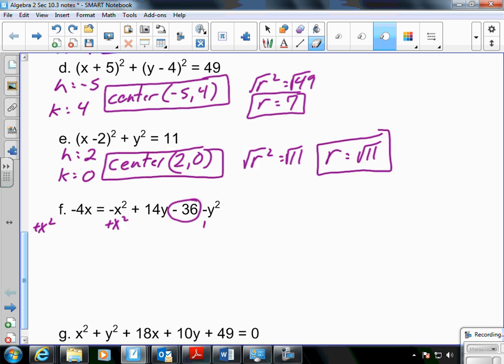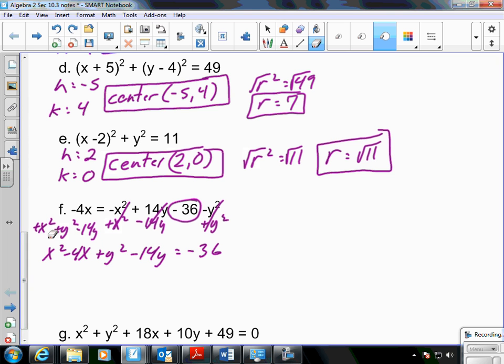I'm going to add the y squared. And I'm going to subtract 14y, all to the other side, so those will all cancel on the right side. That's going to give me x squared minus 4x plus y squared minus 14y equals negative 36.